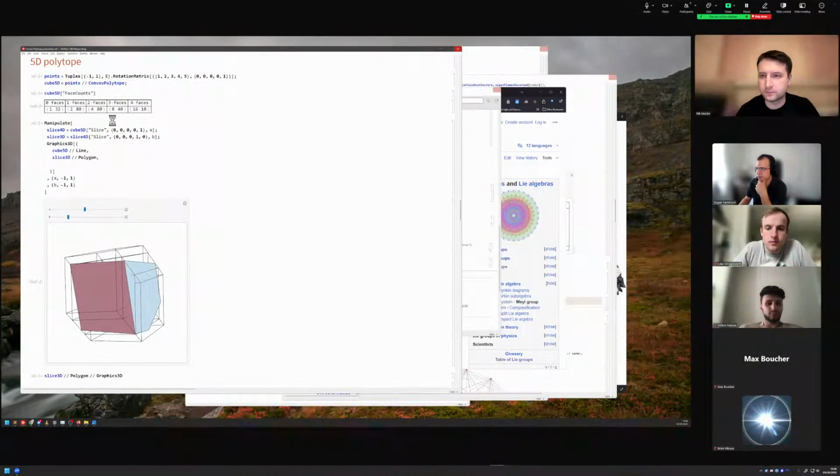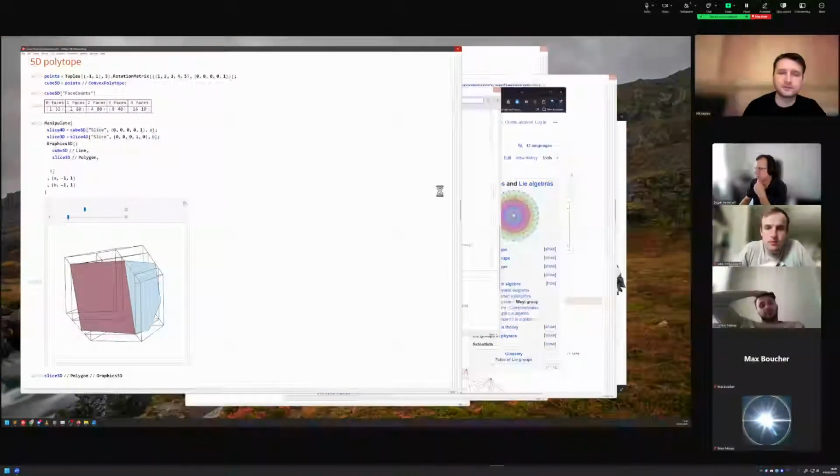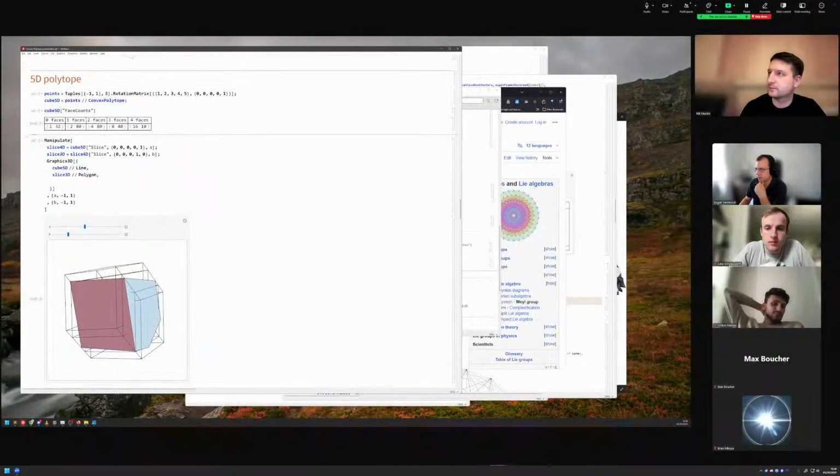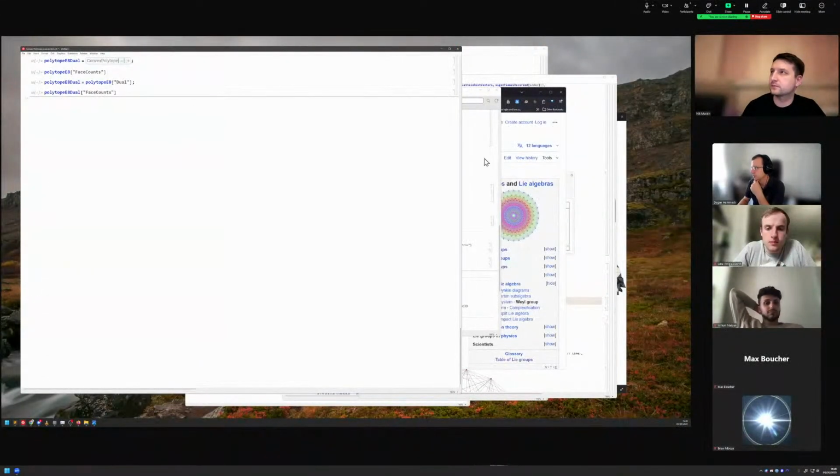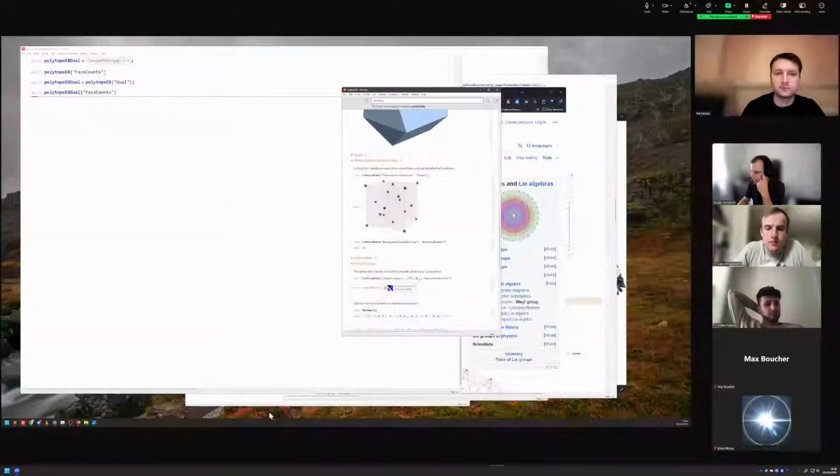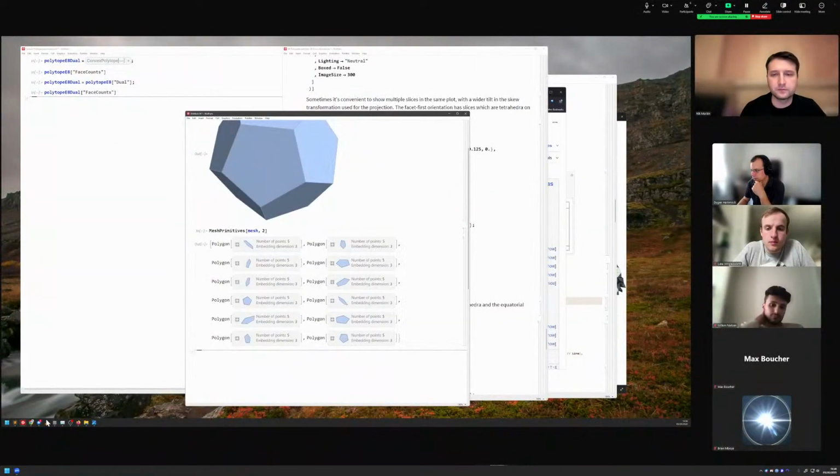Resetting the kernel. Okay. Where was that?